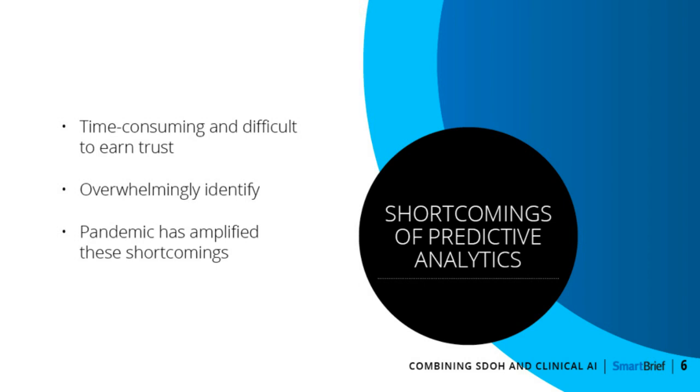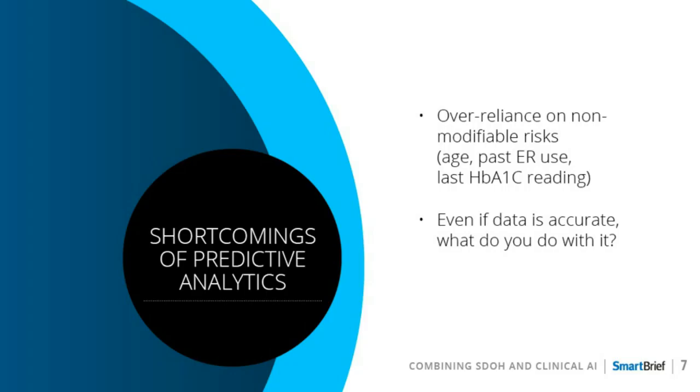Okay, and John Chowalter, what else can you tell us about the limitations of predictive analytics? So one of the difficulties with predictive analytics is that they frequently are based on non-modifiable factors. Even when the prediction is accurate, it's not actionable, that it's not based upon something that you can then intervene and do something positive for the patient.